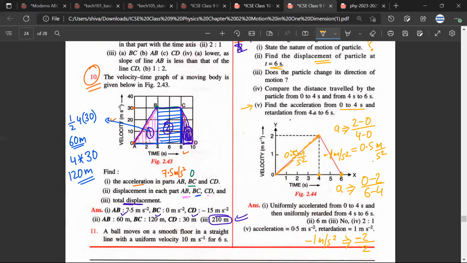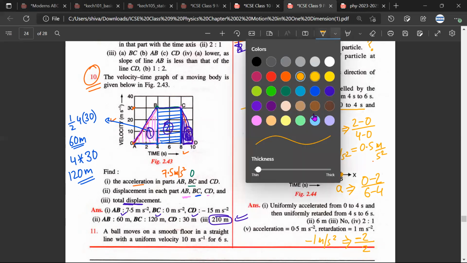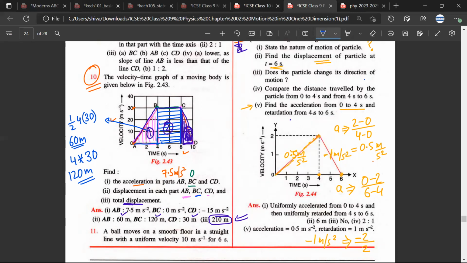If I want to find the displacement of the particle in the first 4 seconds, then like we had done in question number 10, the area under the curve, this area. Let me name this triangle as PQR.